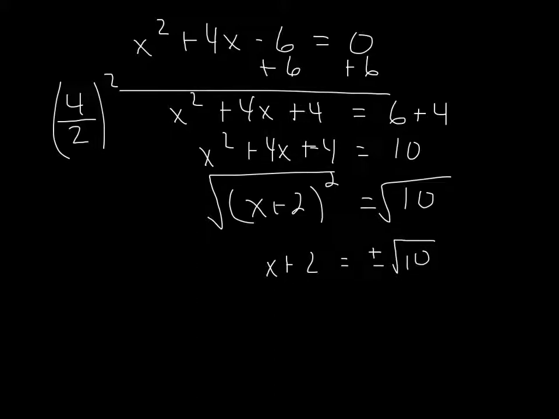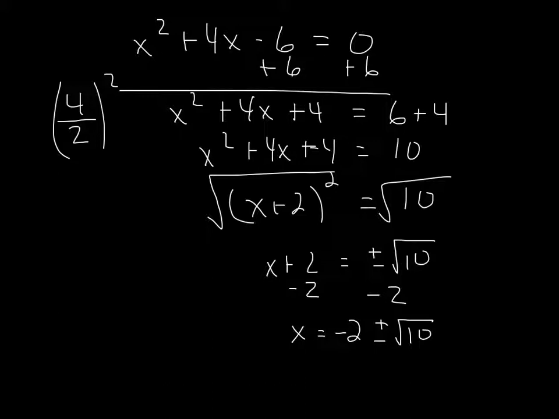If you tried to break down the square root of 10, it would be 2 and 5, and that wouldn't work, so we're just stuck right there. We're done. Now we subtract 2 from both sides to get x by itself, and x = -2 plus or minus the square root of 10. And you're all done. There are your steps.